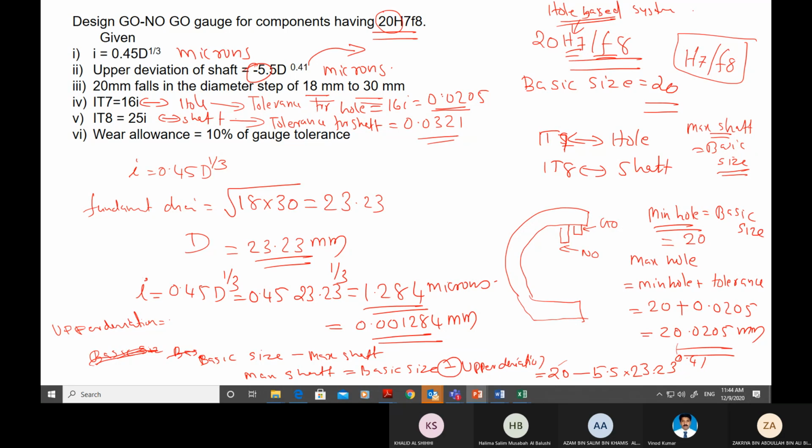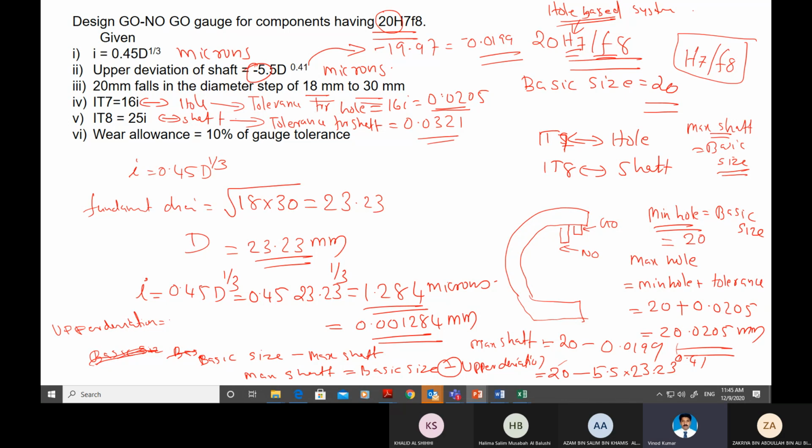That comes to 19.97 microns, which divided by 1000 is 0.0199 millimeter. So 20 minus 0.0199 is the final answer for calculating the maximum shaft. Maximum shaft is 20 minus this. Clear?